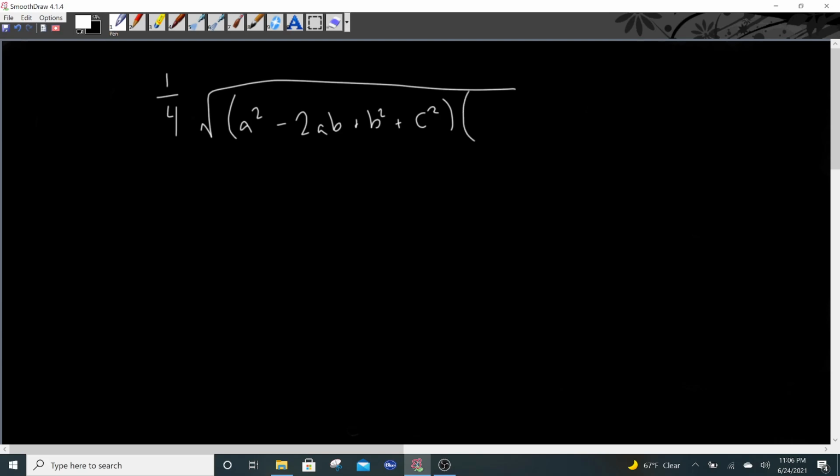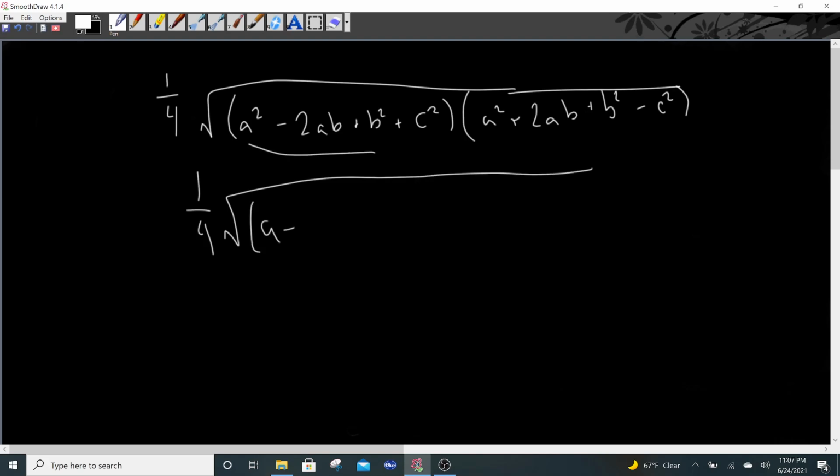It would be a squared minus 2ab plus b squared plus c squared if we distributed that negative, and then a squared plus 2ab plus b squared minus c squared. And so already with that, we can do some more algebra. So we can say, hey, this is a squared minus 2ab plus b squared. That is our classic a minus b whole squared plus c squared.